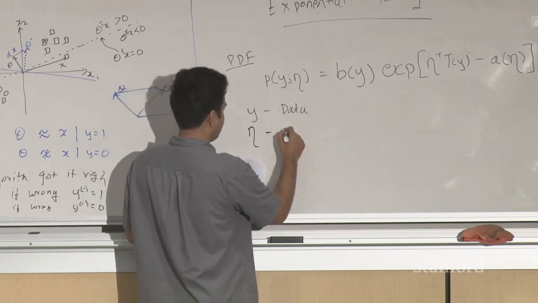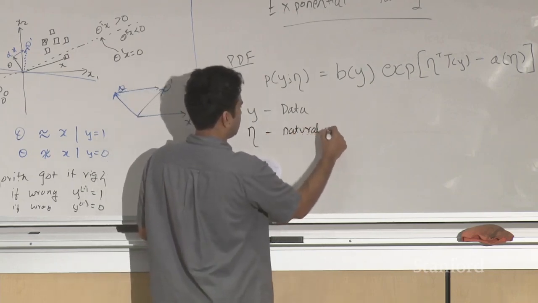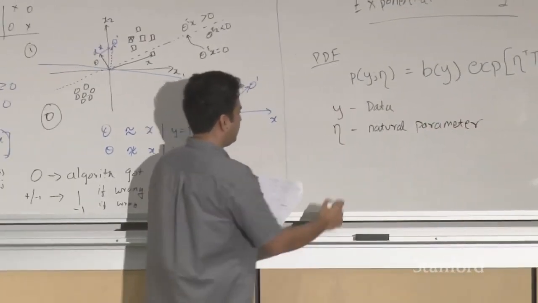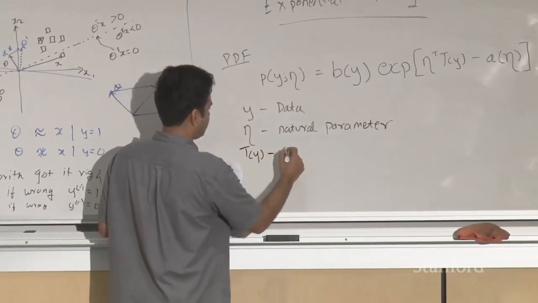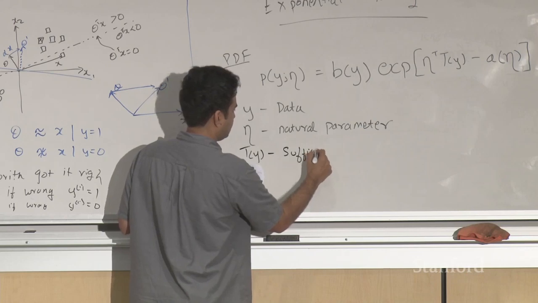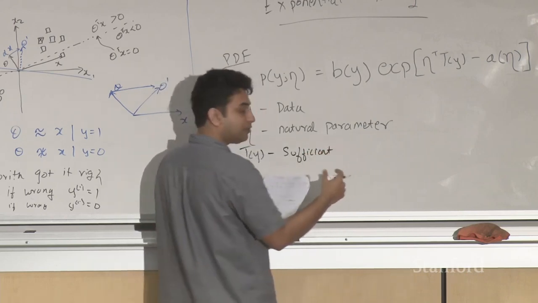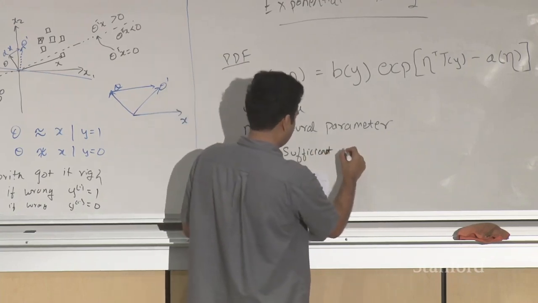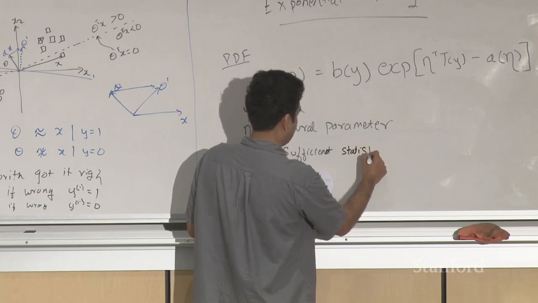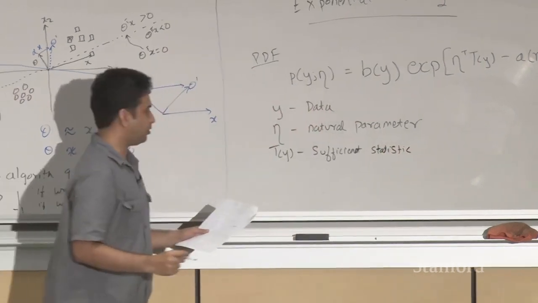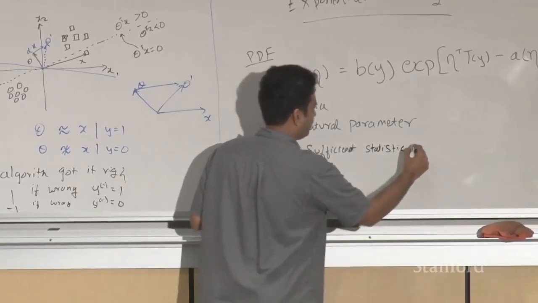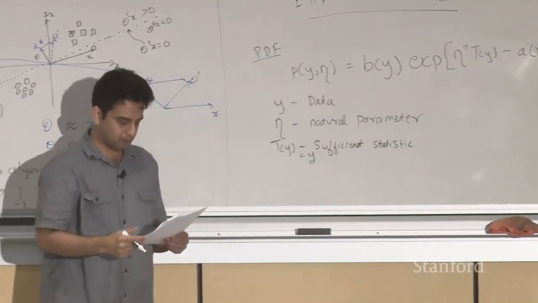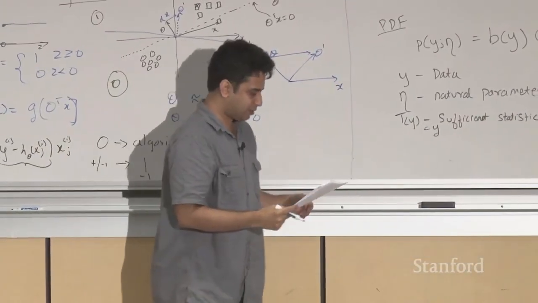Eta is called the natural parameter. T of Y is called a sufficient statistic. If you have a statistics background and you've come across the word sufficient statistic before, it's the exact same thing. But you don't need to know much about this, because for all the distributions that we're going to be seeing today or in this class, T of Y will be equal to just Y. So you can just replace T of Y with Y for all the examples today and in the rest of the class.